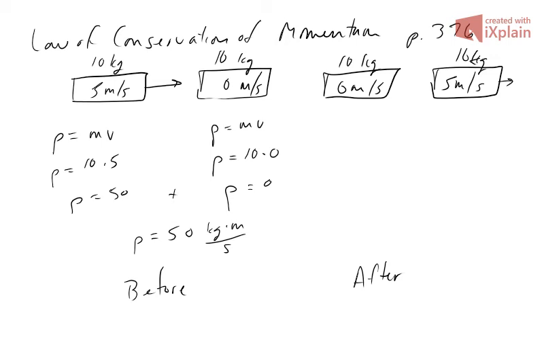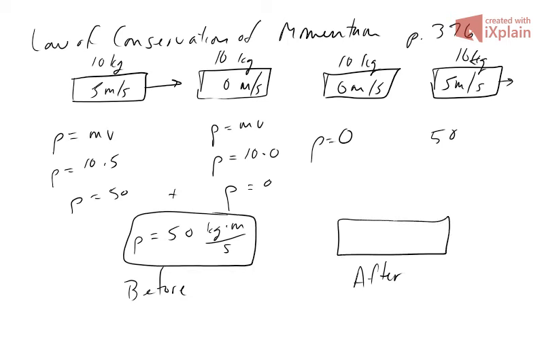So if you look at it, this one now has a momentum of 0. So this one has all the momentum because the overall situation has to equal 50. So this one must have all of the momentum. So 10 times 5 will give you 50. So that's the law of conservation of momentum. It basically means the before equals the after.